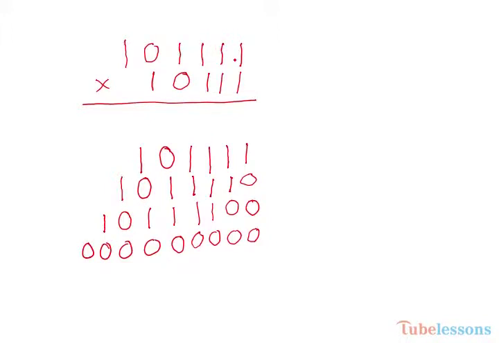Now multiply all the digits of the top row by the 16th place digit of the bottom row.